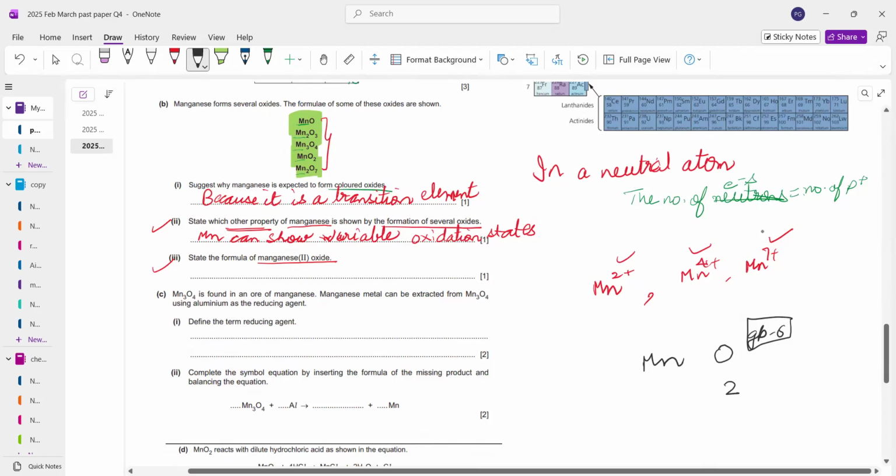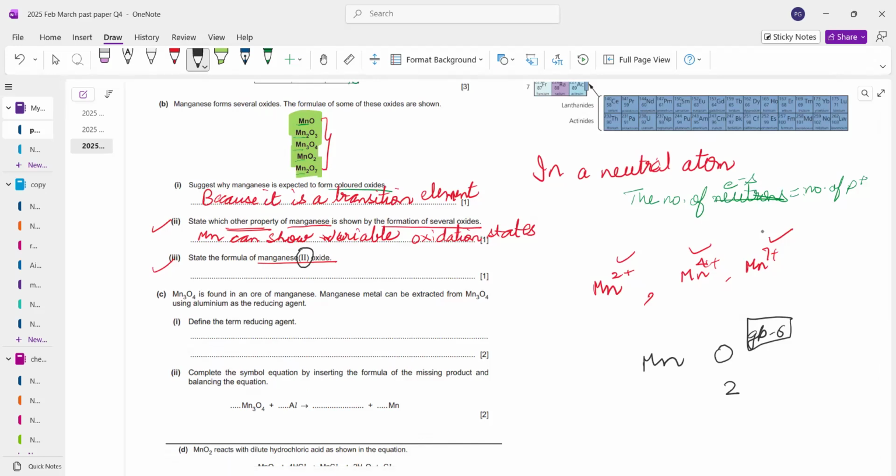Manganese, see in this bracket written here, the Roman numeral that represents its oxidation number or valency. So 2 will come here. Now, before doing the crisscross and forming the formula, you're supposed to simplify this ratio. So this is 1:1. They get cancelled and the ratio is 1:1. So the formula of manganese oxide comes out to be MnO.